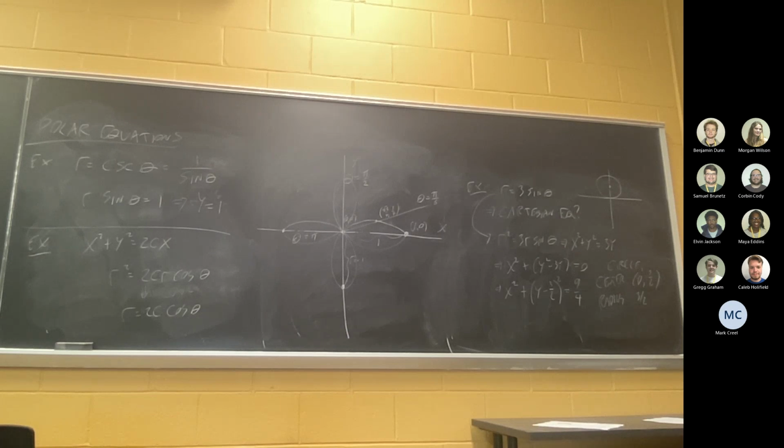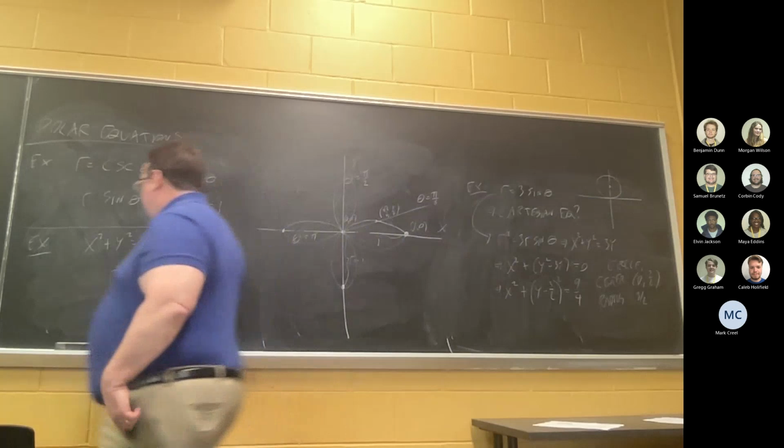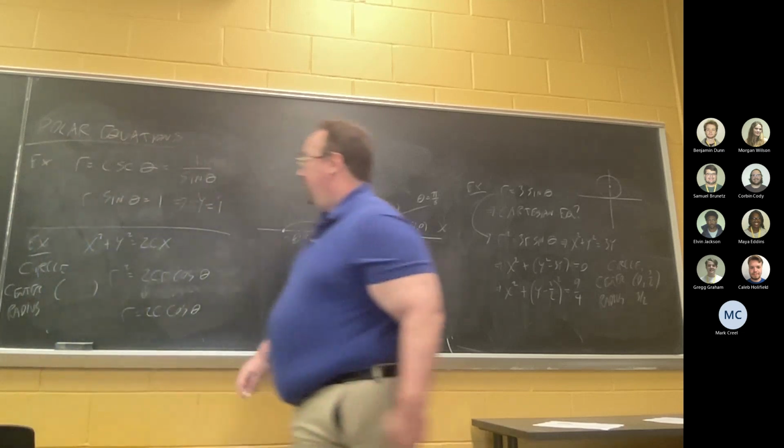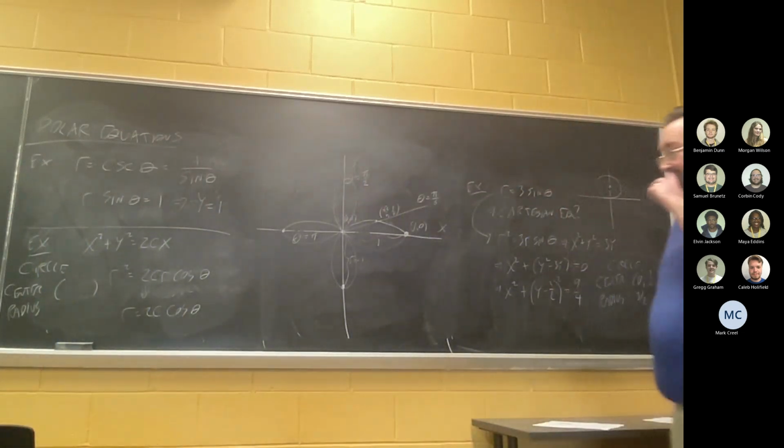It's a circle. So in this case, we had 3 sine theta, and the radius turned out to be half of that, and the center turned out to be 0 and 3/2. So if you extrapolate from that to this case, with the x term instead of the y term, see what these examples have in common to figure out what the center and radius of this circle would be.